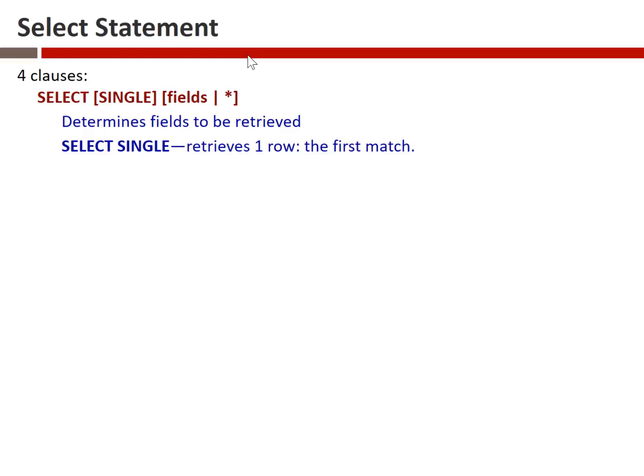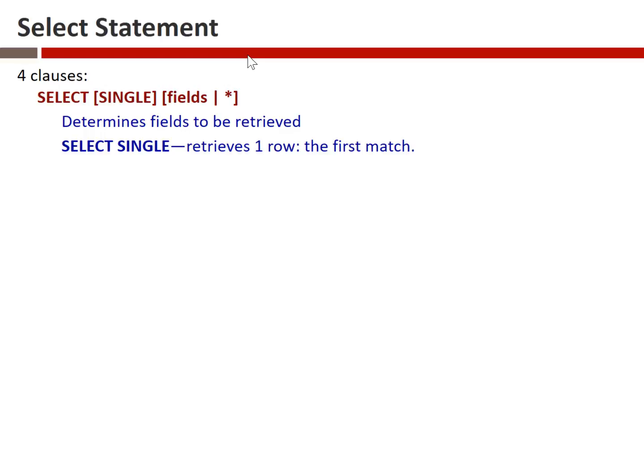Okay, very good. So remember, some of our database tables could have millions of records in them. Let's assume that we know that due to the logic of what we're asking the database that there should be only one match. Let's say, for example, we want to retrieve information about our customers. Well, we know that a given customer is unique. Every customer is unique, but we have millions of customers in our database table. If I use a standard select, if it finds a match in the 10th record, it's still going to keep looking at all the other records to see if they match up too.